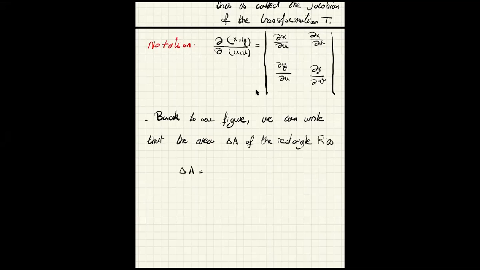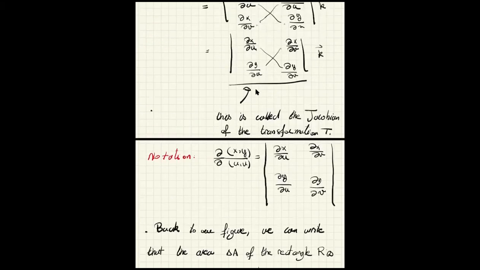Okay, I'm going to write it here, I'm just going to explain. I will drop off this line next time. Evaluated times delta U delta V. Okay, so what we did here is this.